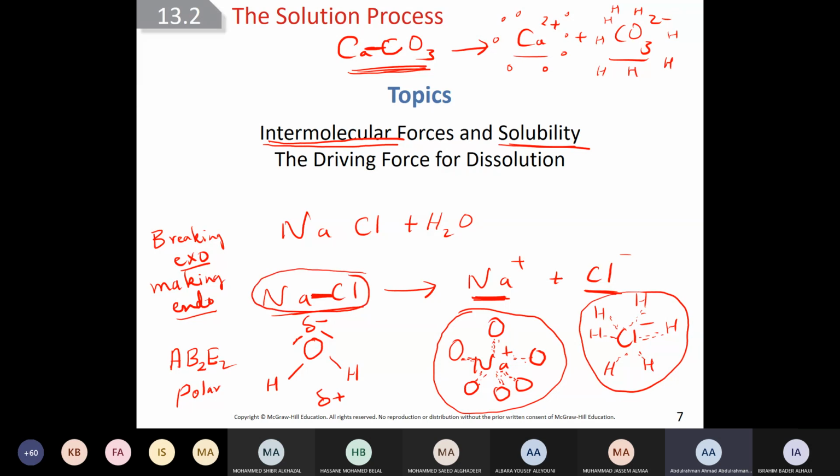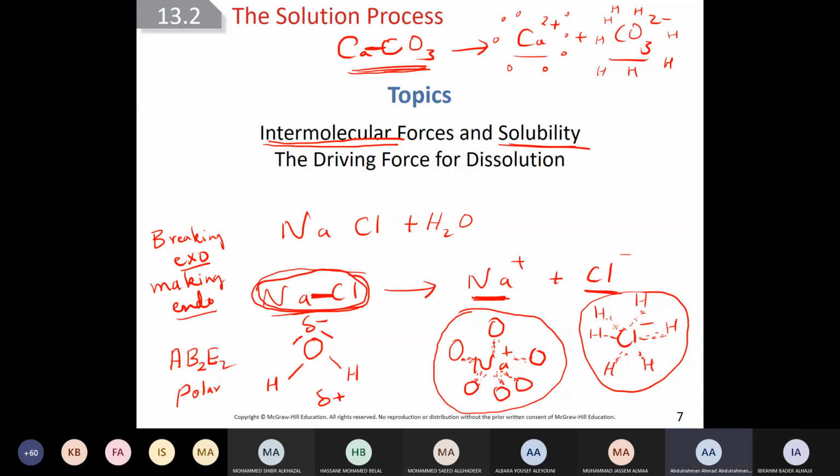See, each of these is not a very strong bond, but there are many bonds around. The total bonds here and here is greater than the NaCl bond.